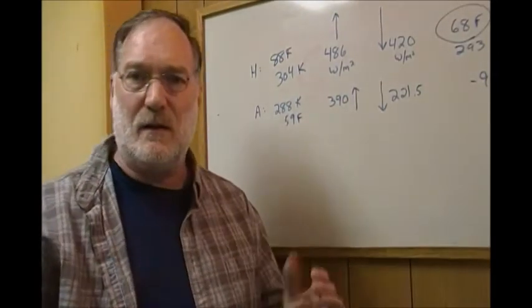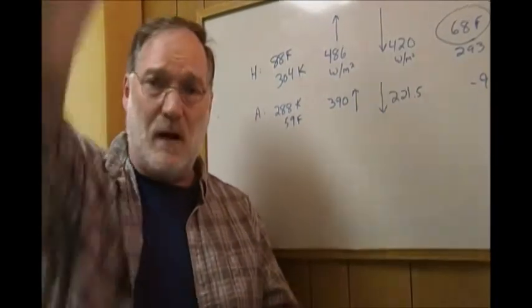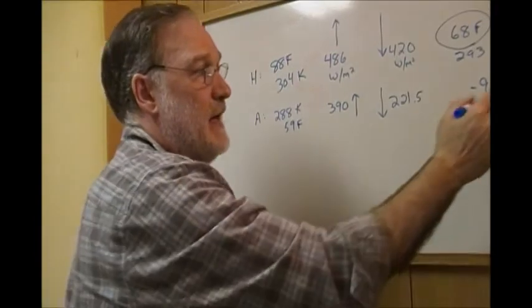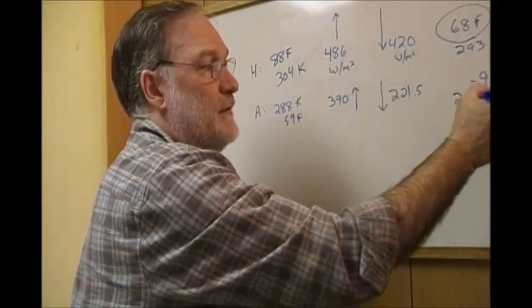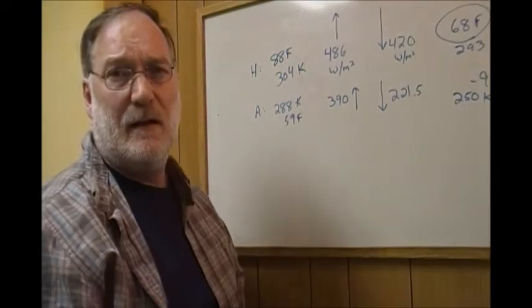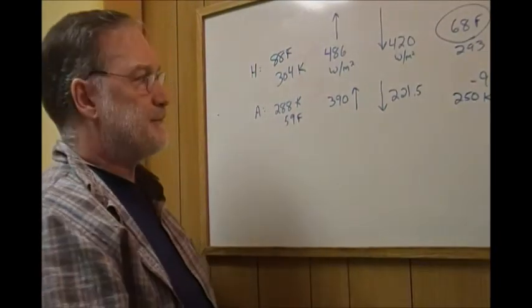That doesn't mean the air next to the ground. That means the whole air column from the ground up to the very top of the atmosphere averages about 250 Kelvin. That's 250 Kelvin, minus 9.7 Fahrenheit.